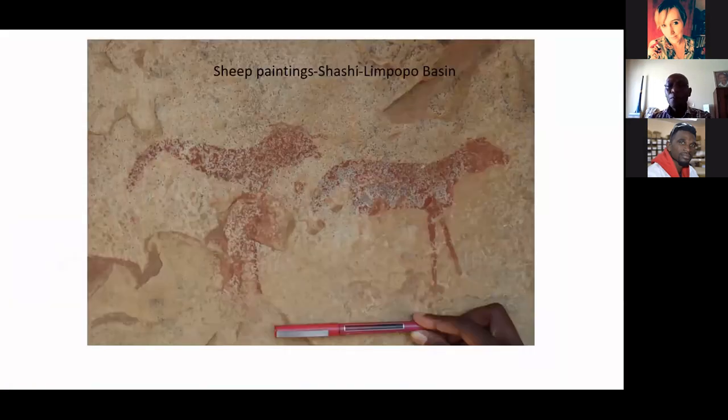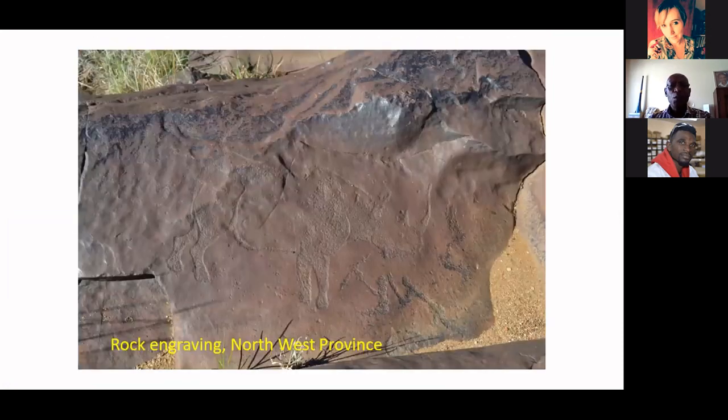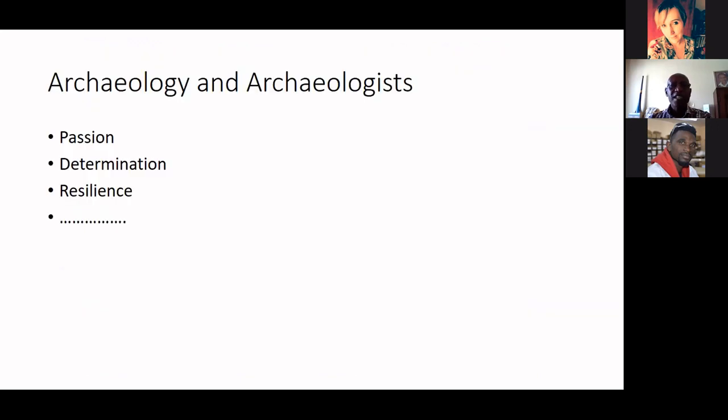And of course, we continue to talk about the paintings of domesticates. And all this, again, is the rich heritage that we do have, which comes in different forms. When one is to look at it and to think about archaeology and archaeologists, you are passionate people, very passionate, very determined, very resilient.